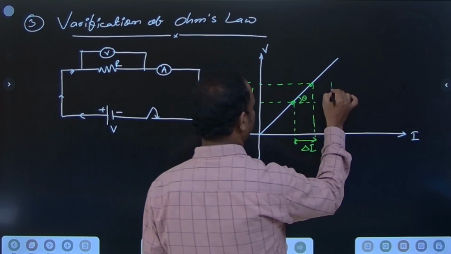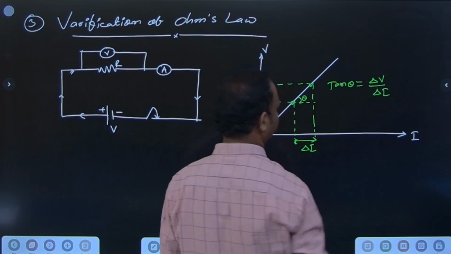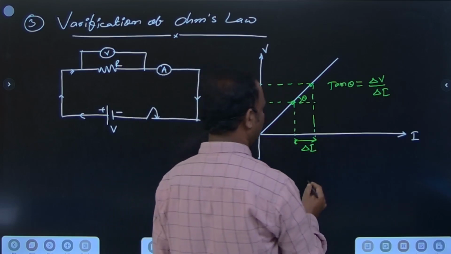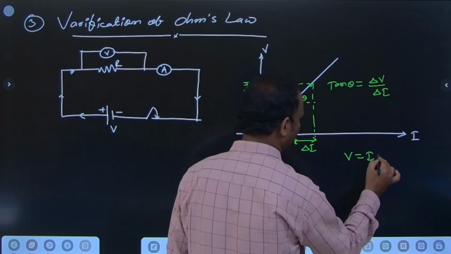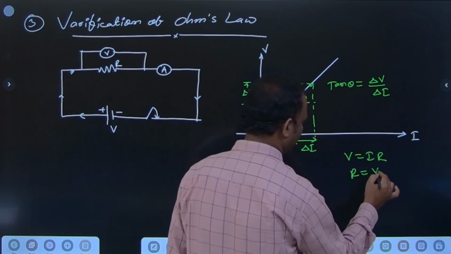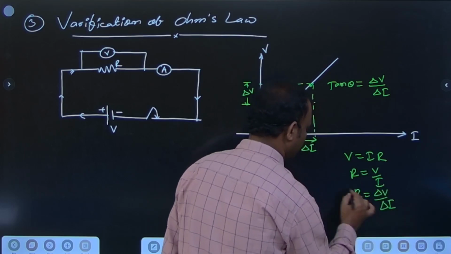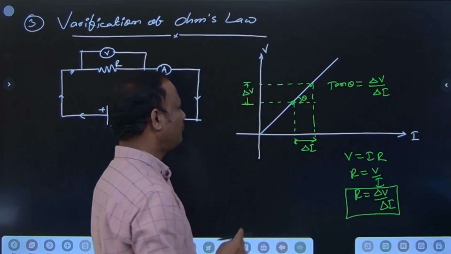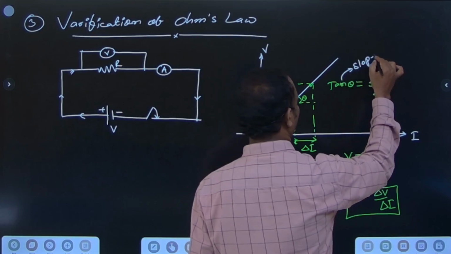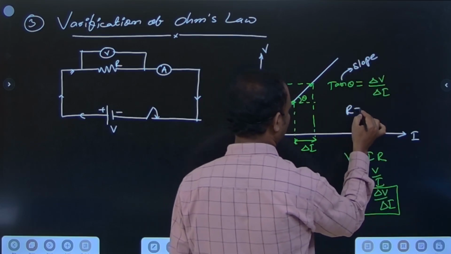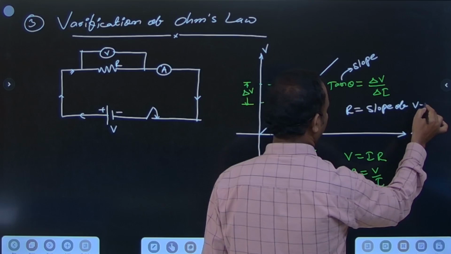So tan theta is equal to delta V by delta I. For V is equal to IR, R is equal to V by I. So R is equal to delta V by delta I. This is the slope of the VI graph.